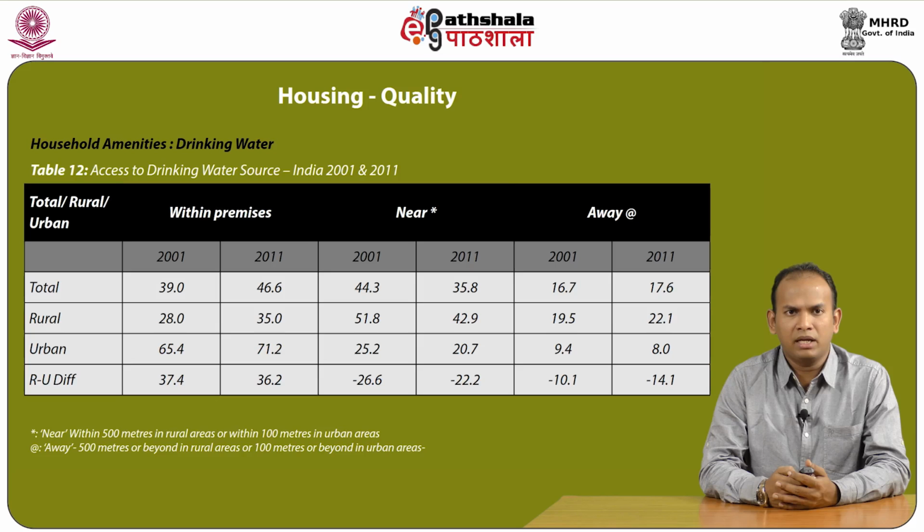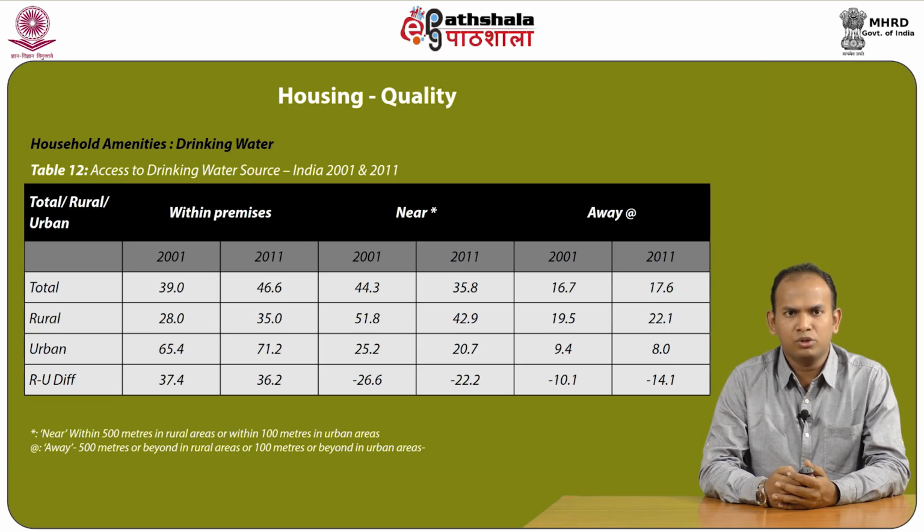If we see the away category in total, in 2001 the percentage was 16.7, while in 2011 the percentage is 17.6. The rural-urban differentiation is also shown as negative 10.1% in 2001 and negative 14.1% in 2011. Overall, the data of table 12 shows that 47% of the households have a source of water within the premises, that is rural 35% and urban 71%.